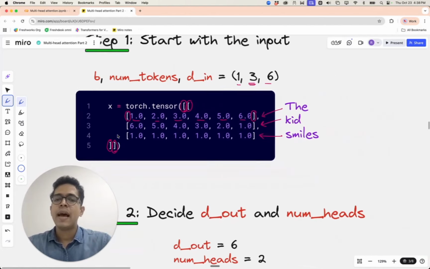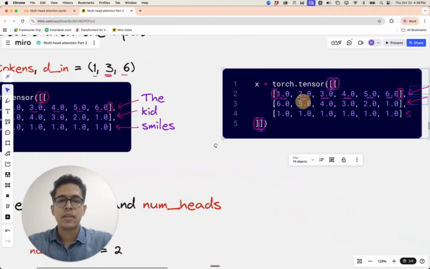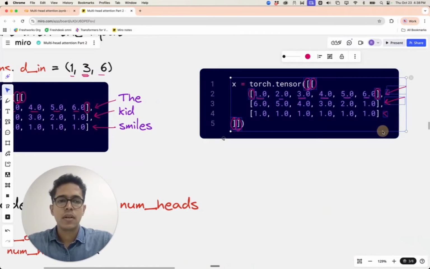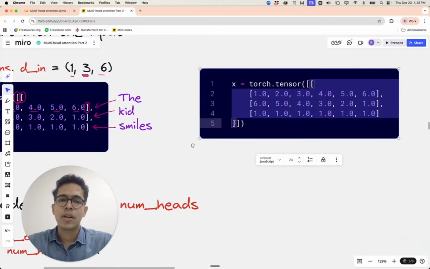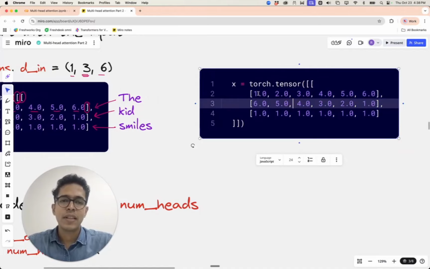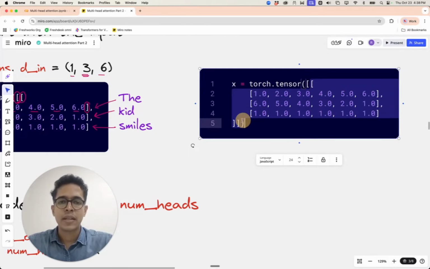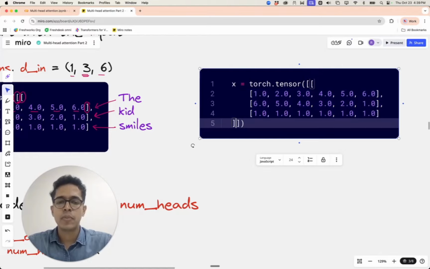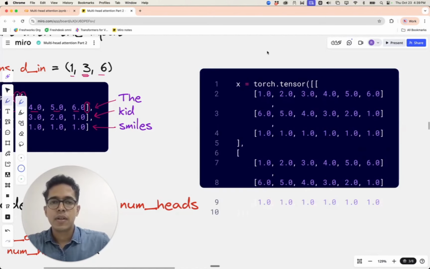So what if we had a batch size of 2 instead of 1? How will this look? It will look something like this. Let me delete this. If my batch size was 2, I will have to replicate what? Should I copy with this bracket or without this bracket? Batch is whatever is there in my outermost bracket. So I have to copy everything that is there in my outermost bracket, put a comma, and then paste it here. Now this is of batch size 2. So the dimensionality of this will be 2, 3, 6, correct?